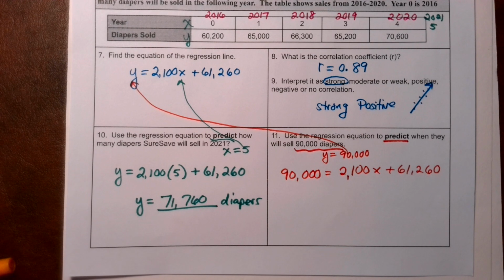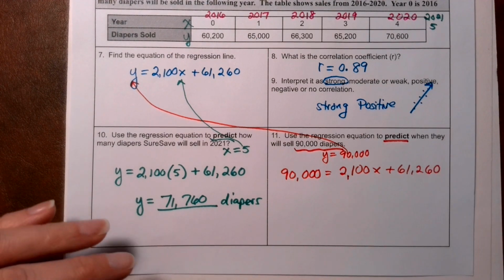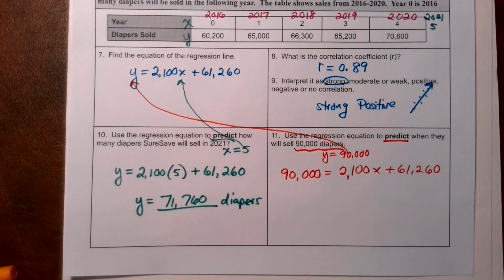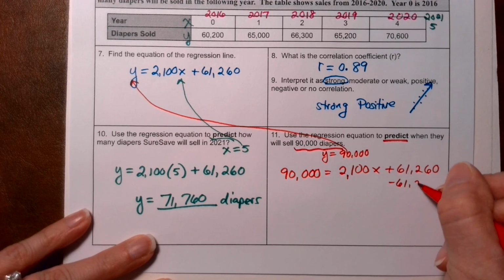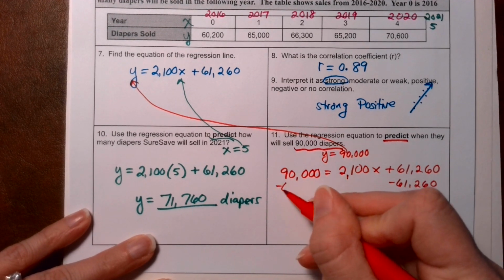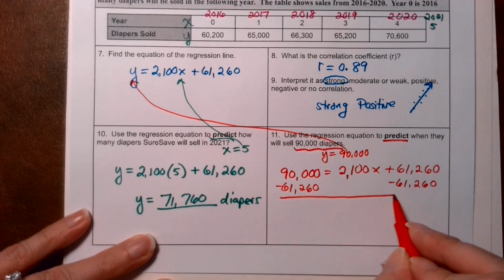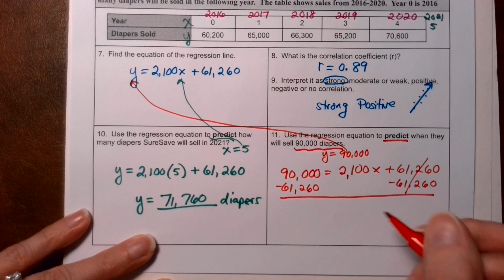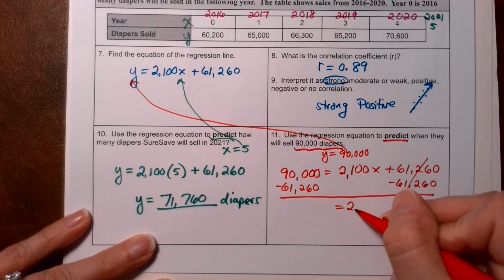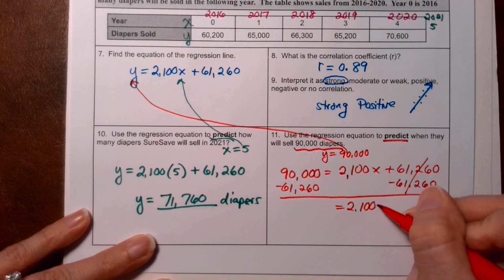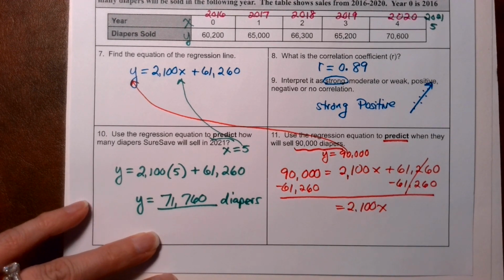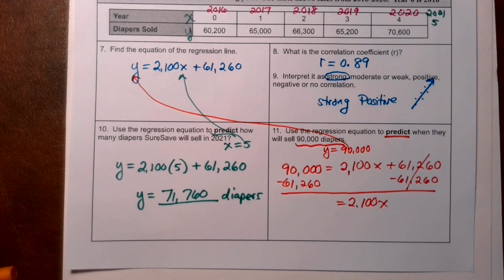Let's go ahead and use our solving skills for this. We're going to have to subtract 61,260 from both sides. Okay, those cancel. What do you get when you subtract 90,000 minus 61,260?